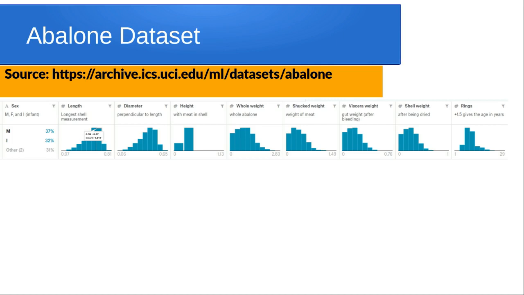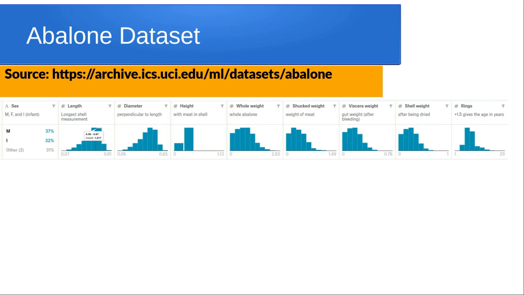The variable names are as follows: the sex, male, female, and infant; length, the longest shell measurement; diameter, perpendicular to length; height, with meat in shell; whole weight, whole abalone; shucked weight, weight of the meat; viscera weight, gut weight after bleeding; shell weight after being dried. Rings plus 1.5 gives the age in years.